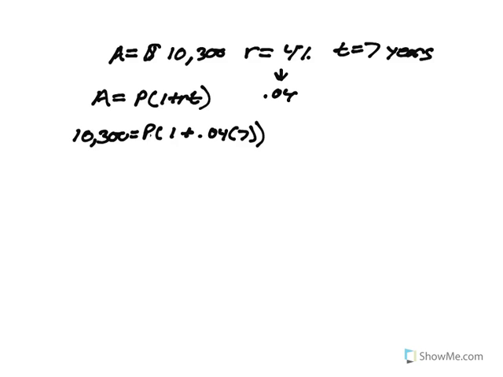So we've already said that 1 plus 0.04 times 7, to save a little time, will give you 1.28. Okay? Do the 0.04 times 7 first, then add the 1, and you'll get that value, 1.28. All right, in order to solve for P, we're going to divide both sides by 1.28. I can't write today. All right, let's try this again.